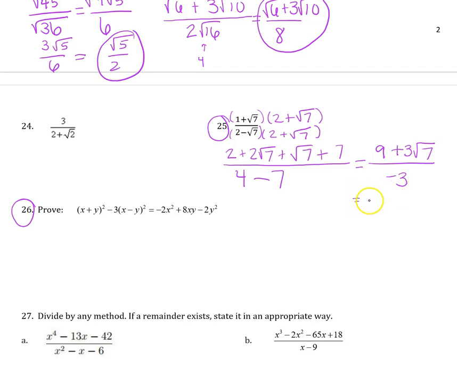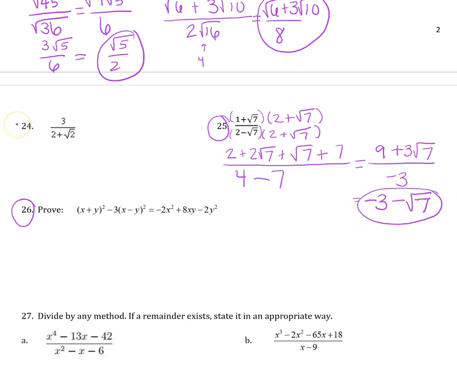So this results in negative 9 minus radical, whoops, sorry, I forgot to divide. 9 divided by negative 3 gives me negative 3 minus radical 7. And that is completely simplified.